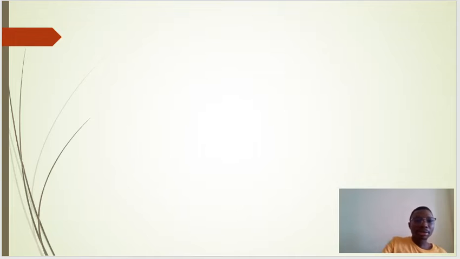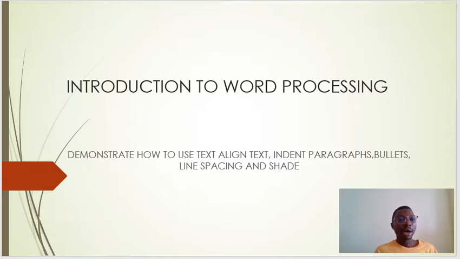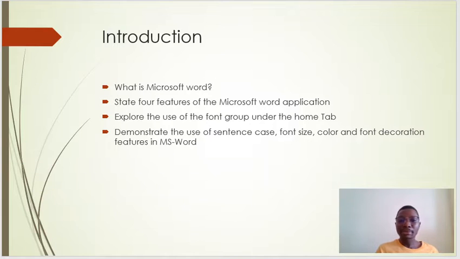Before we begin today's lesson, let's recap what we did last week. Last week, our topic was Introduction to Word Processing, and we made mention of Microsoft Word. What did we say about Microsoft Word?